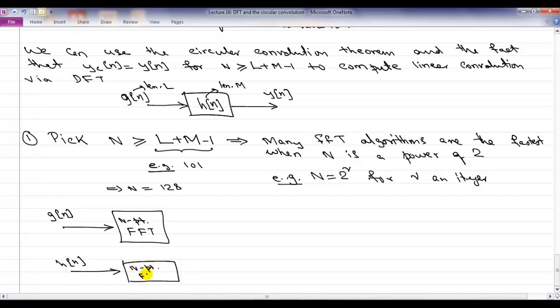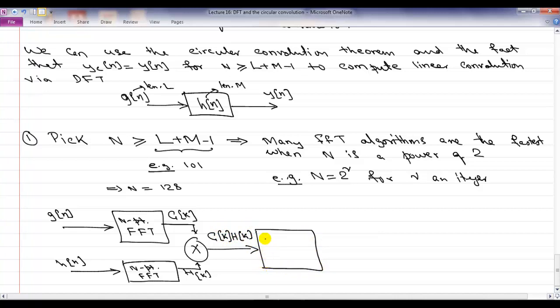We also compute its N-point DFT using FFT. Then we simply multiply the outputs of these FFTs, which are G[k] and H[k], and whatever comes out, the multiplication factor, we compute an N-point inverse DFT via the inverse fast Fourier transform algorithm.